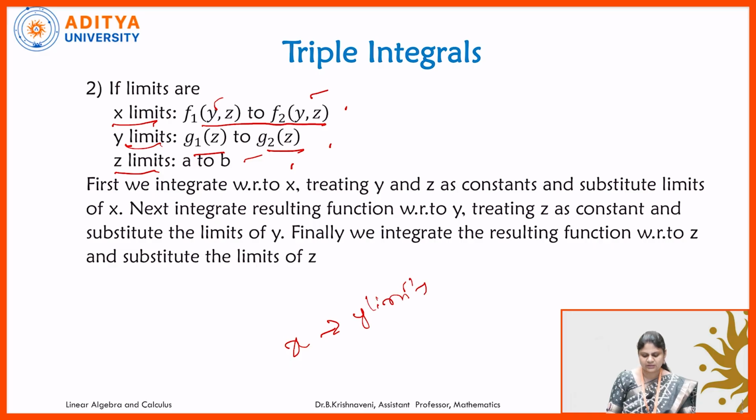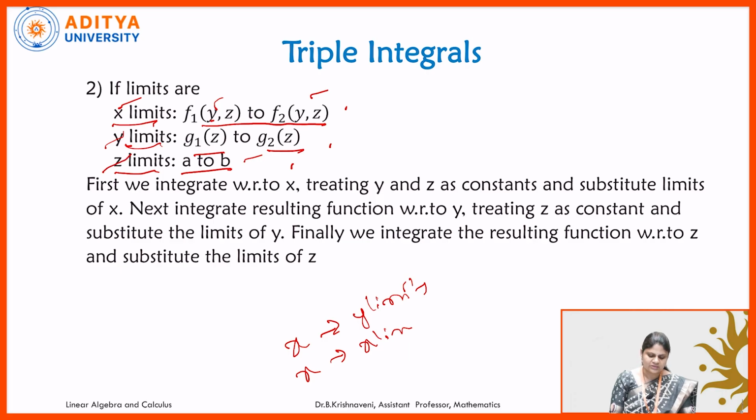Here the limits are in terms of y and z, so obviously they are x limits. The next limits are in terms of z, so definitely that should be the y limit, and finally the constant ones belong to the z variable.